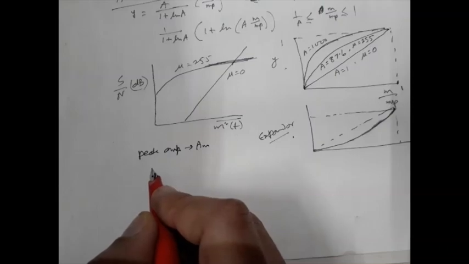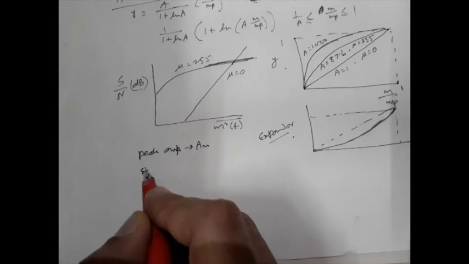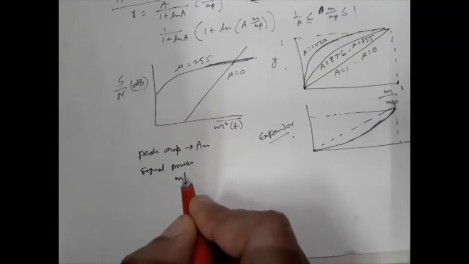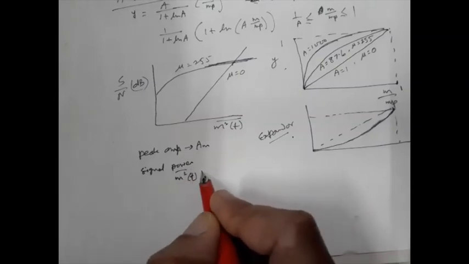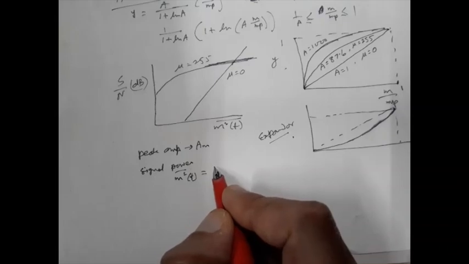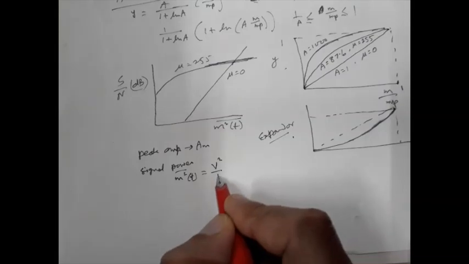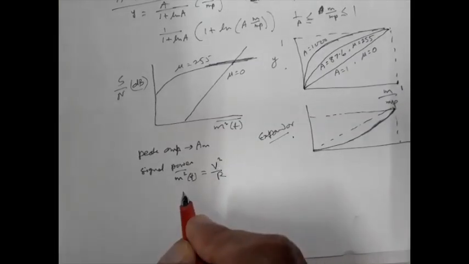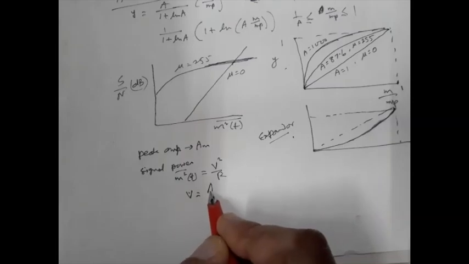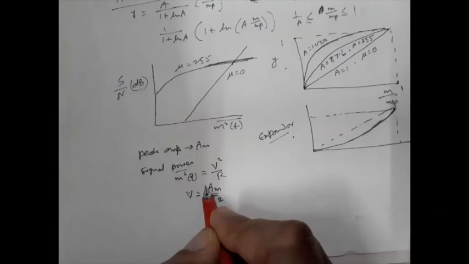So the signal power is equal to V square by R, where V is the RMS voltage and V equals Am by root 2.